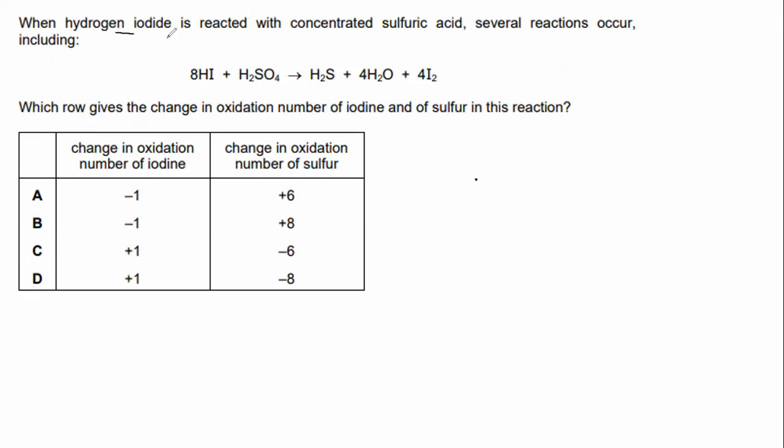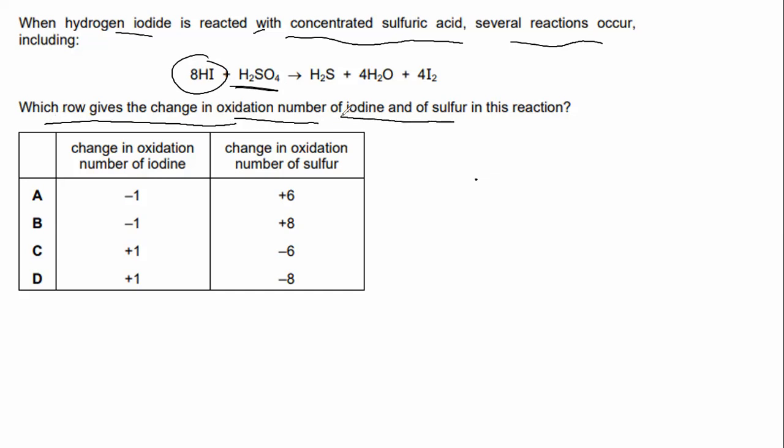When hydrogen iodide is reacted with concentrated sulfuric acid, several reactions occur, including 8 hydrogen iodide plus H2SO4. Which row gives the change in oxidation number of iodine and sulfur in this reaction?